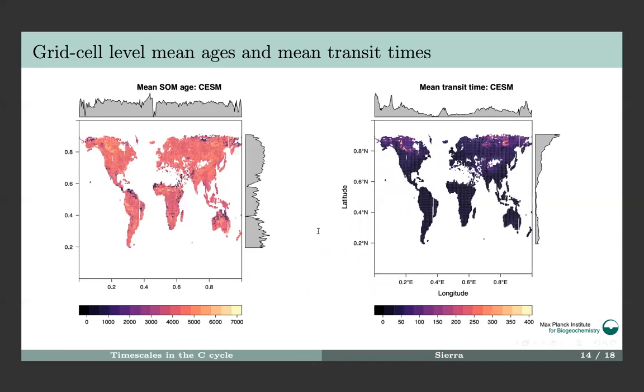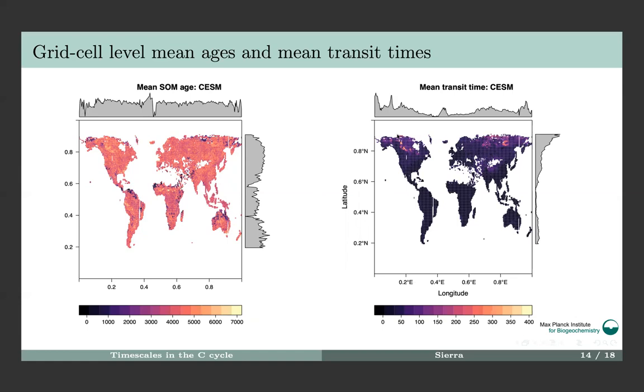We can use the same concepts to look at gradients and large scale patterns. Here, these are results from the CESM model, the version used for the CMIP5 intermodal comparison. We look at the mean age of soil organic matter across the world, and we see that in general, mean ages are on the order of a few thousand years, versus the mean transit time being only a few decades and maybe a few centuries.